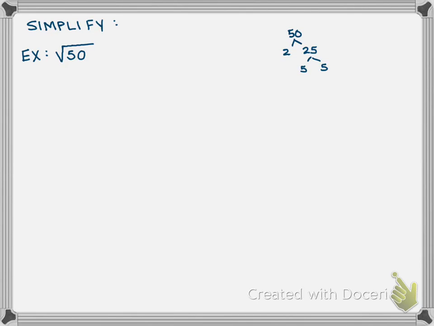So if we have the square root of x to the n, that's the same as x to the n divided by 2. If we can write everything in exponential form, then we can take the square root just by dividing our exponents by 2. So we're going to say this is the square root of 5 squared times 2.